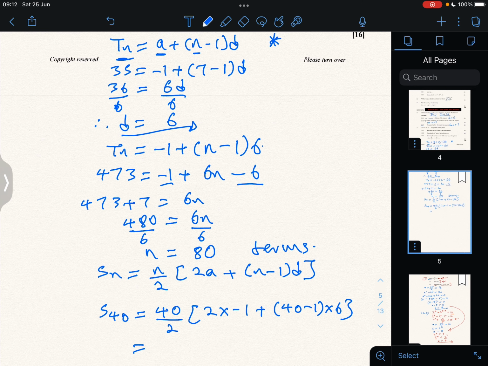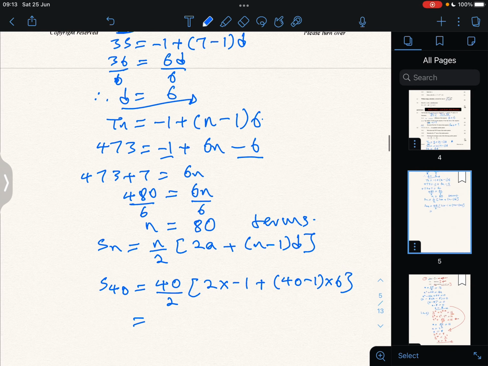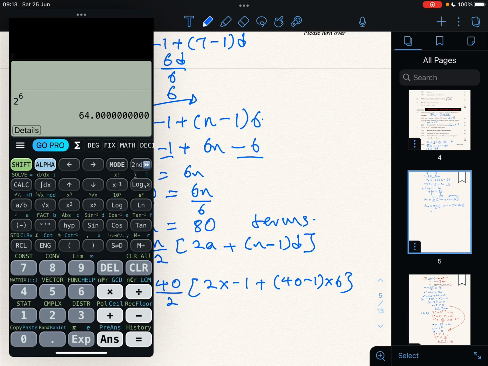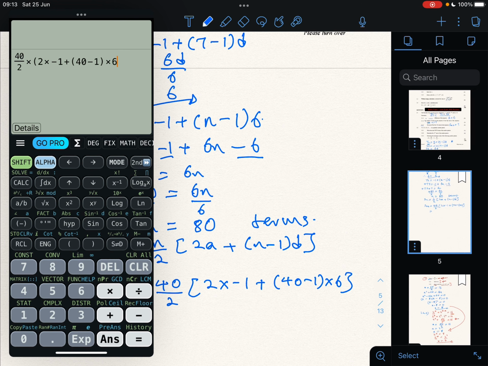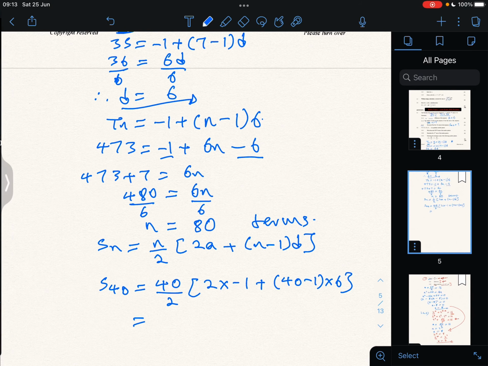Let's quickly check this with a calculator: 40 divided by 2 times 2 times negative 1 plus 40 minus 1 times 6, close bracket.